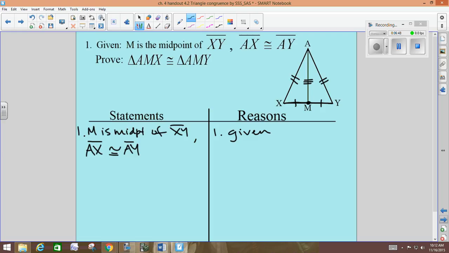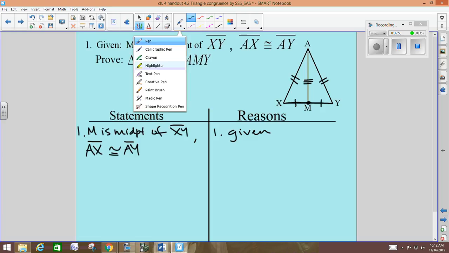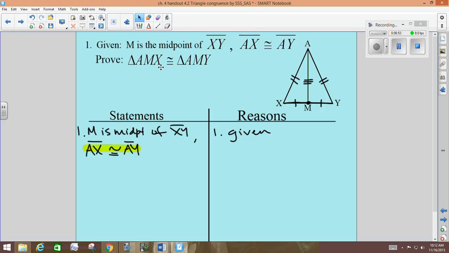So right now, when I look at my proof, we only have one pair of sides listed congruent. I need to list the other two. What do you want to put for the second one? AM is congruent to AM. Okay, that would be the one in the middle, and that's your reflexive property.